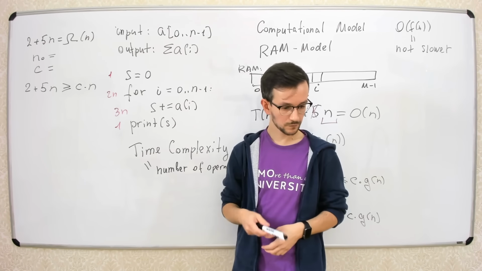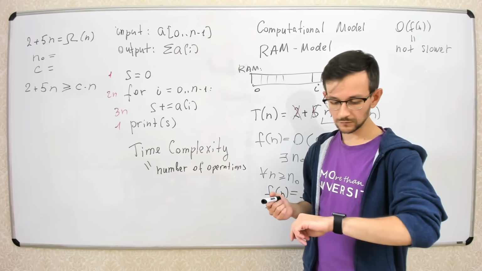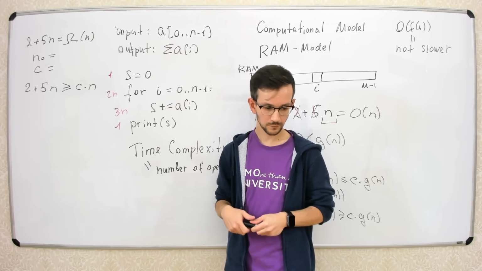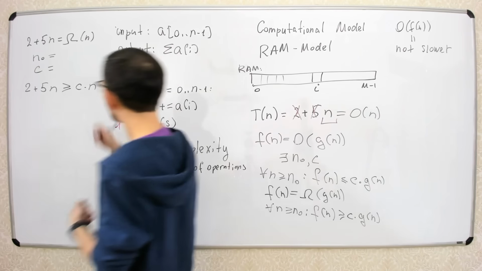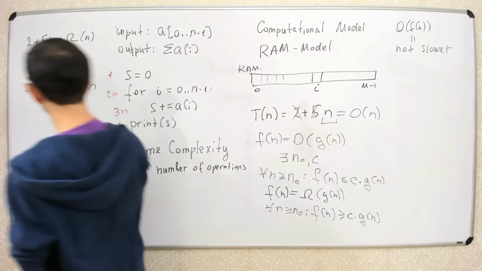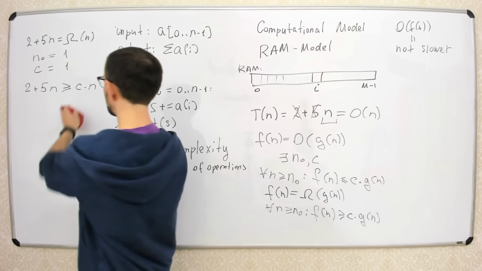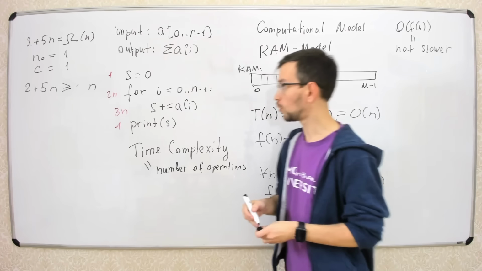That is simple. One and one, good. One and one works. So if you have one here, then you need to prove that 2 plus 5n is greater or equal than n. That's obviously true. Cool.